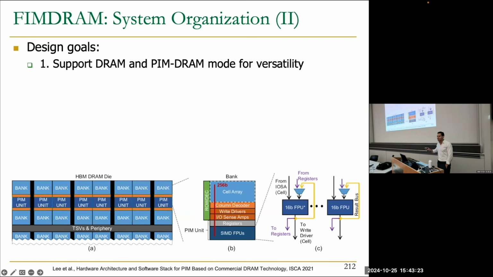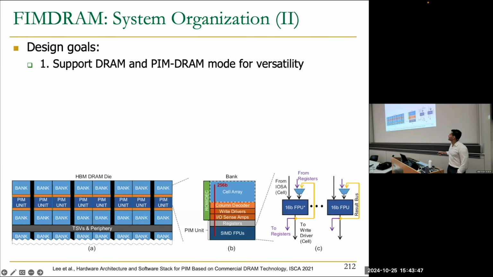Changing JEDEC is always a mess because it's basically a contract between the memory manufacturer and the processor manufacturer that dictates how that memory is going to be operated. So changing that protocol requires going to a lot of meetings and saying, I want to do this, I want to do that, and then a bunch of back and forth. It's really complicated, so they don't want to do all of that. They want to keep the protocol as it is.